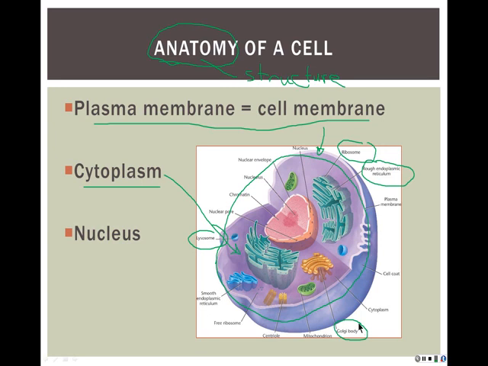For example, rough endoplasmic reticulum, ribosomes, lysosomes, and so on. Oh, Golgi bodies. Here we go. In a couple slideshows, we're going to take a look at the different organelles and their functions. The kind of specialized command center of the cell is the nucleus.